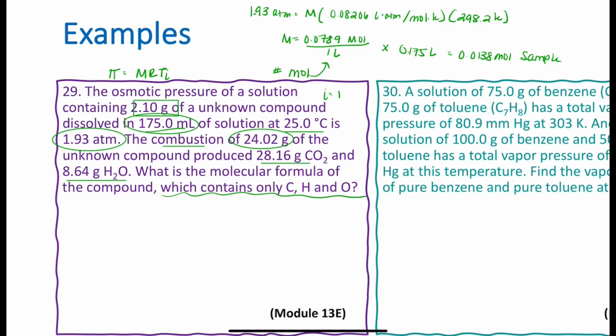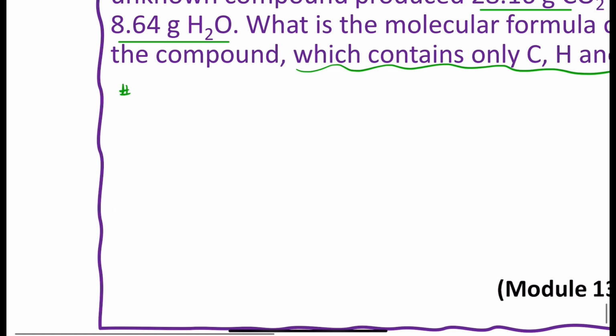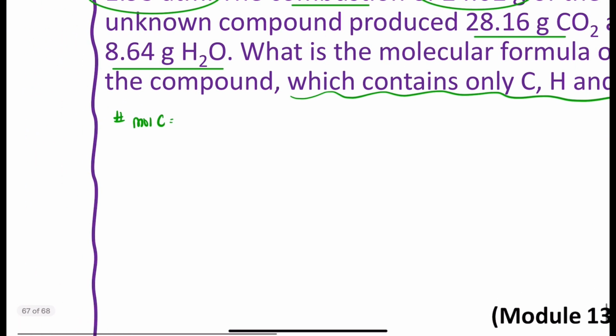I'm going to go ahead and figure out how many moles of carbon, hydrogen, and oxygen I have here. Remember, all of that CO2 that's mentioned here came from carbon. So 28.16 grams of CO2 is how many moles of CO2? I know for every 1 mole of CO2, it's 44.01 grams.